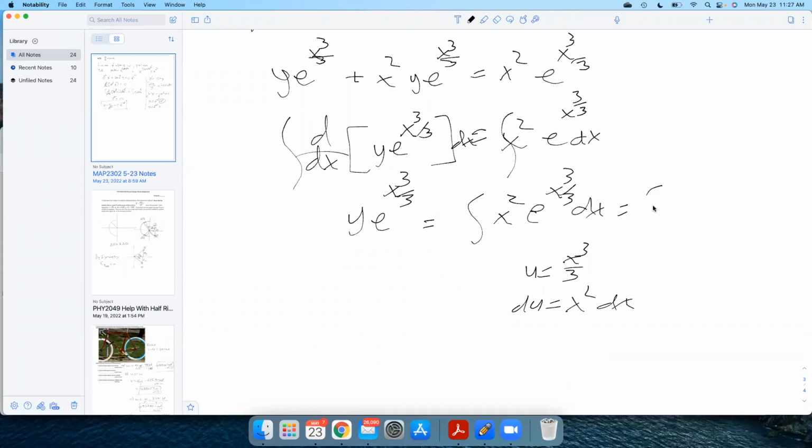So we could rewrite this. Here's my e to the u. And these two guys right there make up my du. Antiderivative of e to the u du is e to the u. But I know what u is. It's x cubed over 3 plus c.